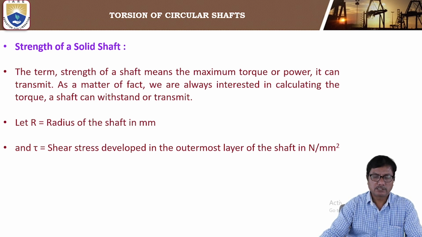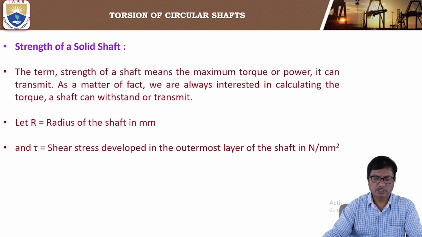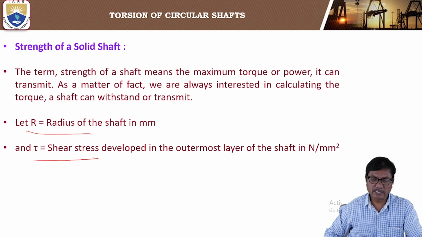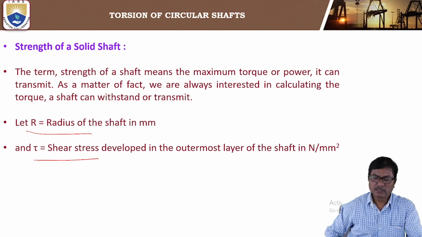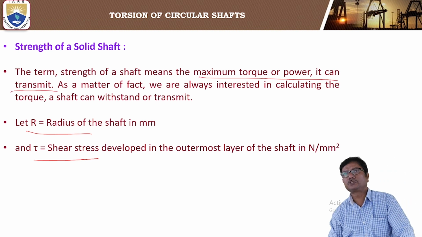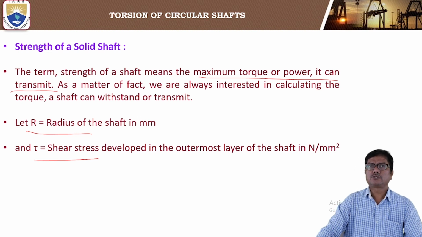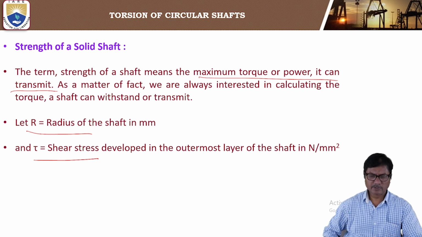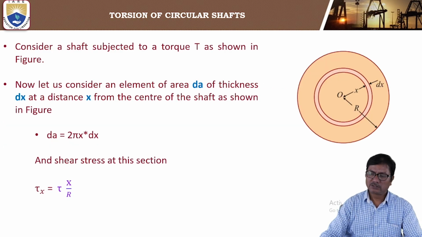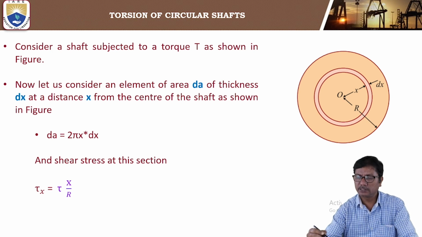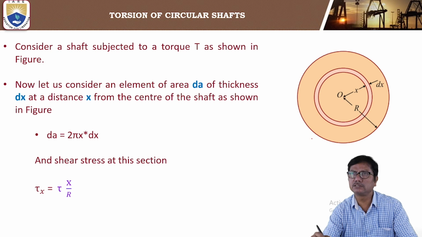Considering the strength of the solid shaft, we consider a shaft with radius R and shear stress tau. Mainly, power is transmitted through shafts.